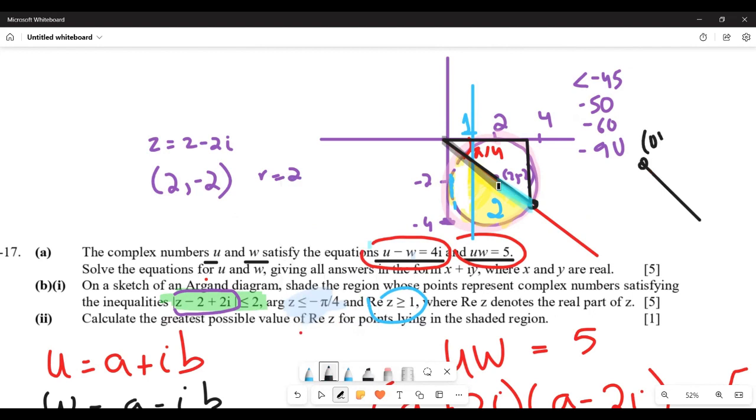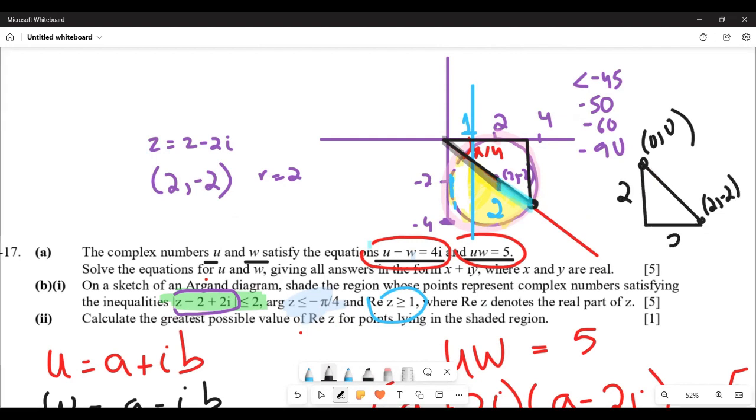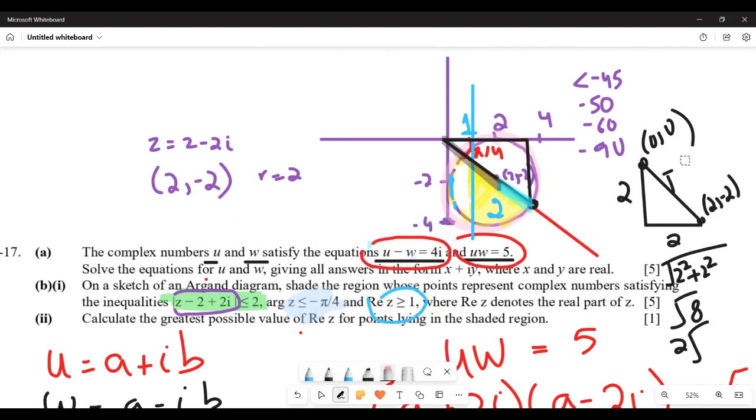We have 0, 0 here and 2, minus 2. So what is going to be this length? This is 2 units and this is 2 units. Apply Pythagoras theorem on it. Square root of 2 squared plus 2 squared. That's square root of 8, which is 2 square root of 2.